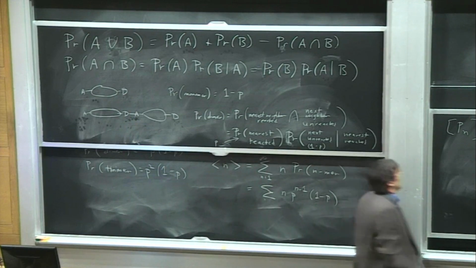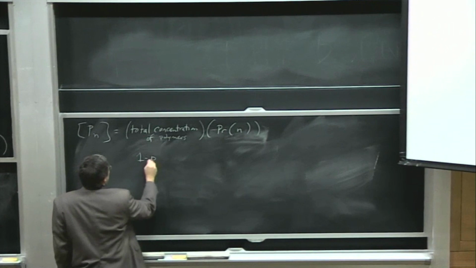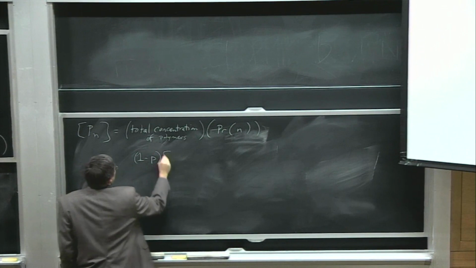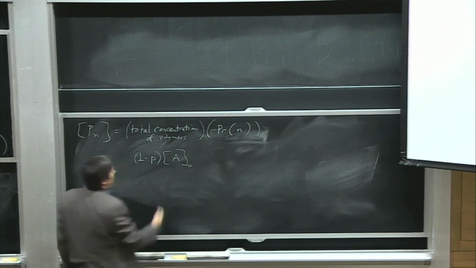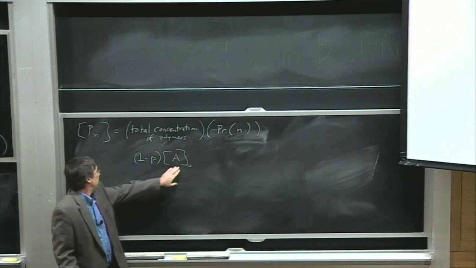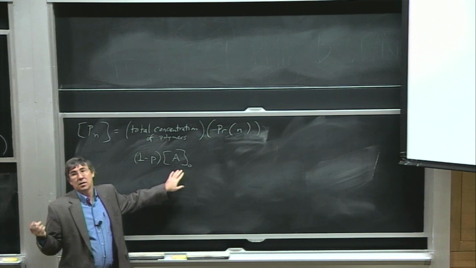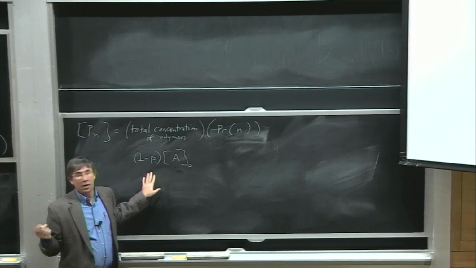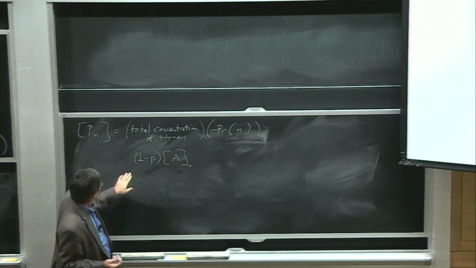So that's going to be 1 minus P times the amount of monomer I had to start with. It could be A or D, doesn't matter. Right, it's like I started with a certain amount of free ends, what fraction of them have reacted? Maybe it's not 1 minus P. Yeah, it's 1 minus P.